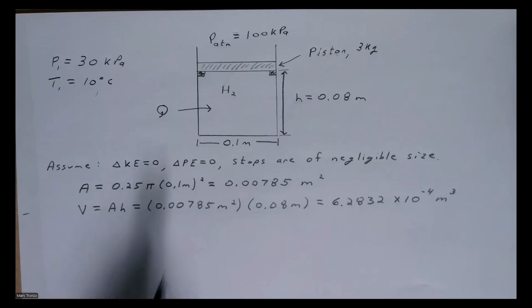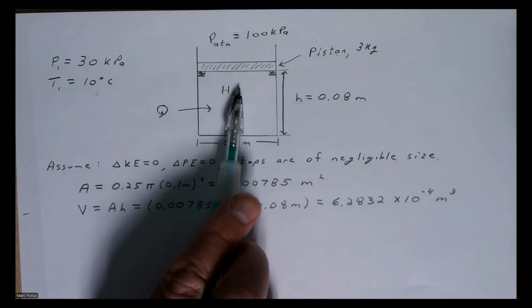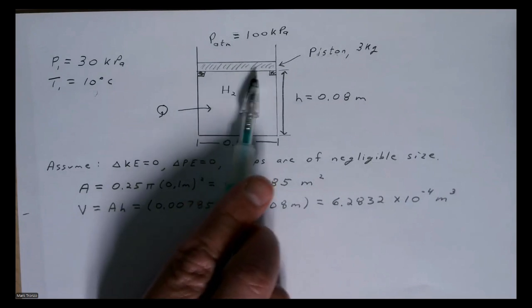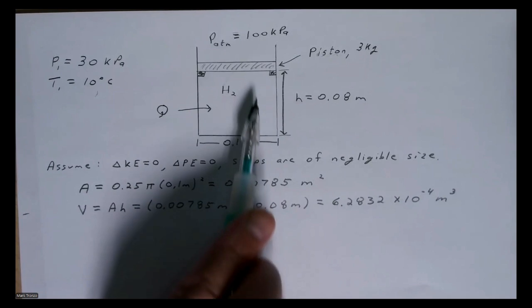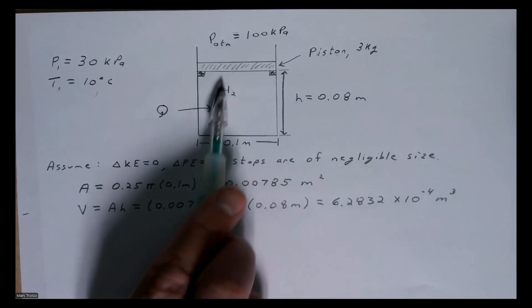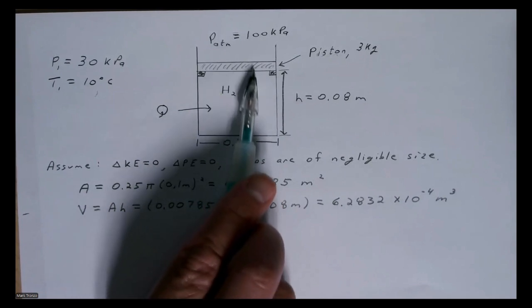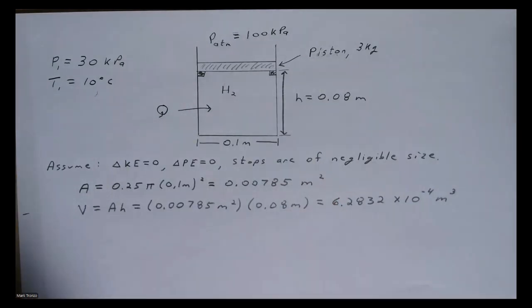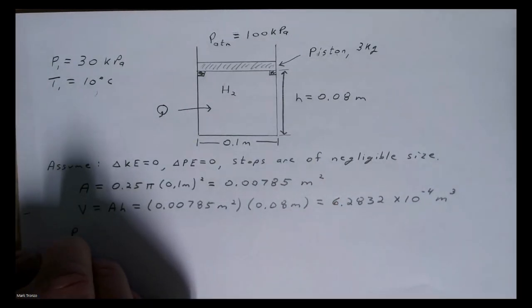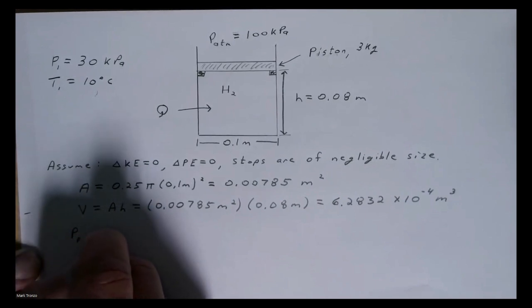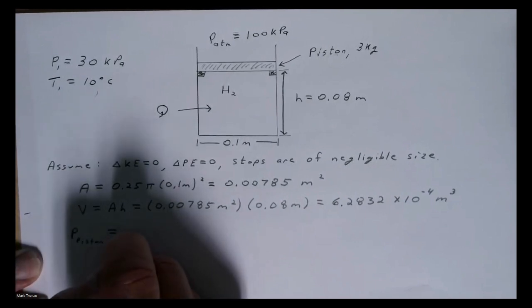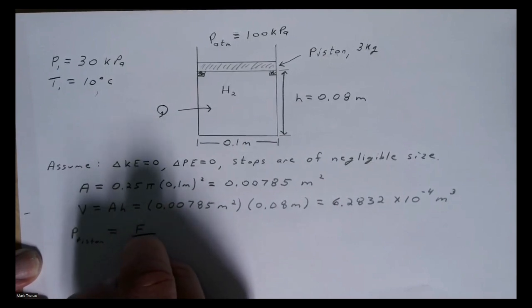And by the way, we're going to have to find the pressure that's required to lift this piston off the stops. So we're going to have to find out what it's going to take to lift this off. So the pressure from the piston, the pressure that the piston is going to cause, that's going to be the force divided by the area.